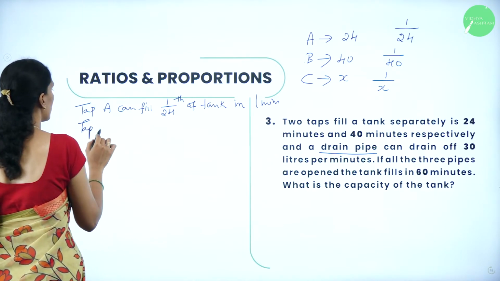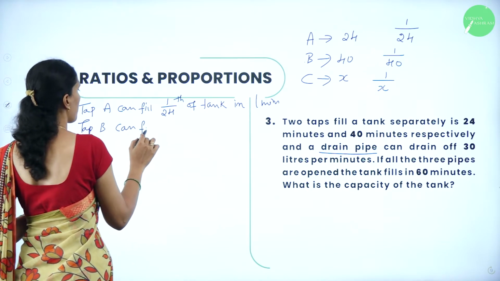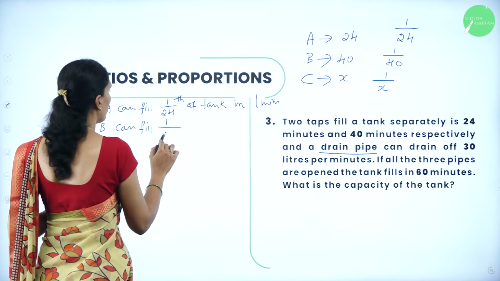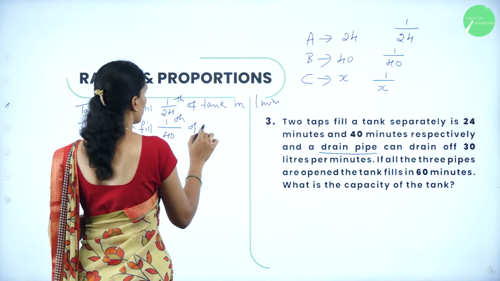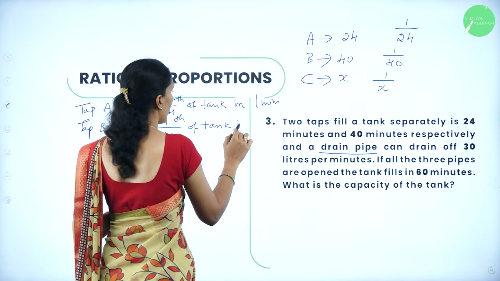Tap B can fill 1 by 40th of the tank in 1 minute.